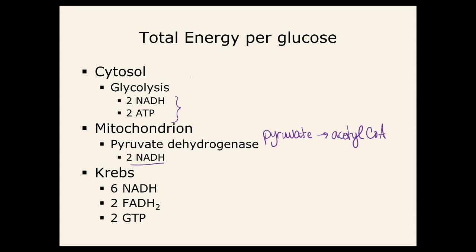Up here, this was glucose to pyruvate. And then Krebs churned around twice to make these.